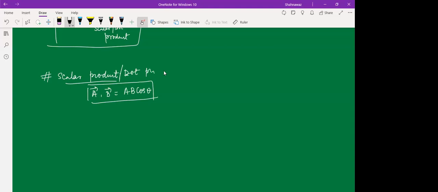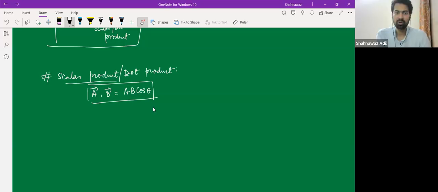And we talked about the unit vectors, right? For the case of I dot I, we found out that the angle between I and I is how much?